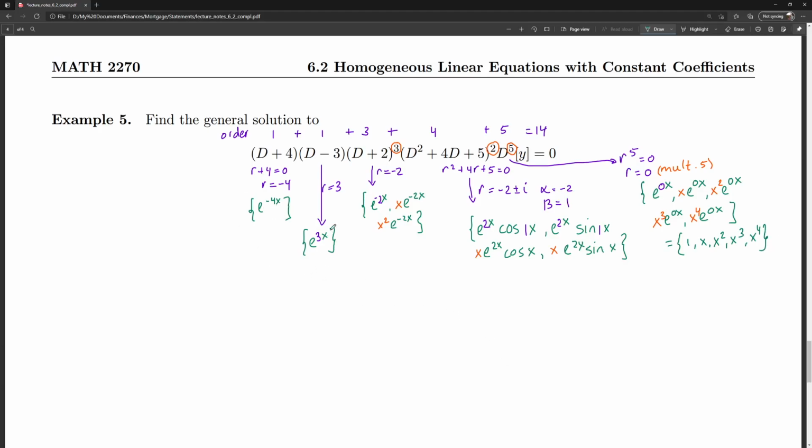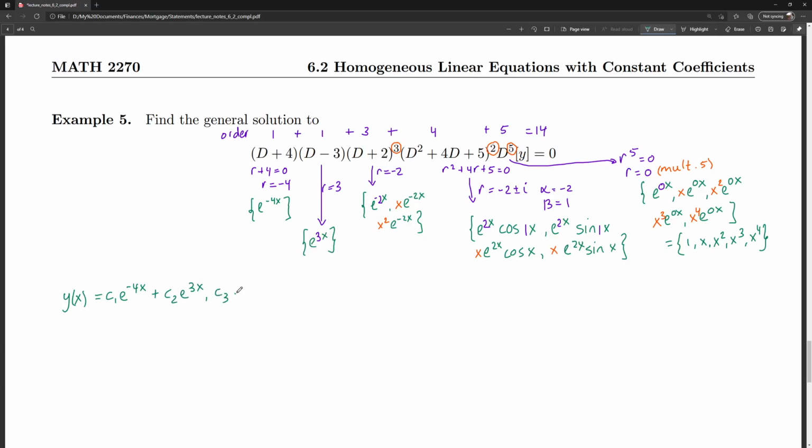Okay, so we have all the ingredients, and let's put them together in the general solution. y(x) = c1 e^(-4x). That takes care of this, plus c2 e^(3x). That takes care of this one right here.